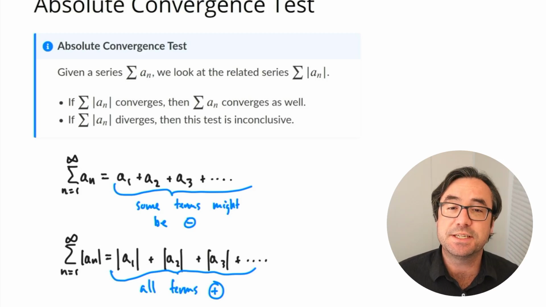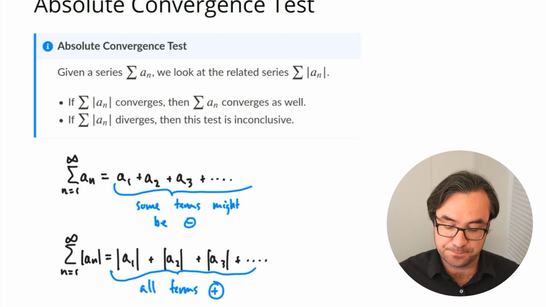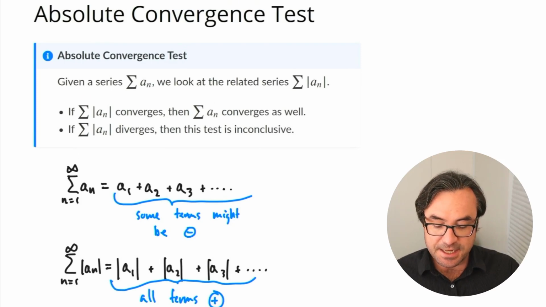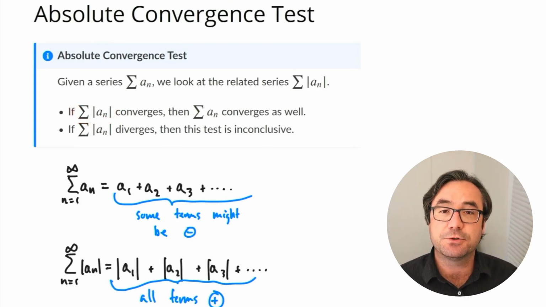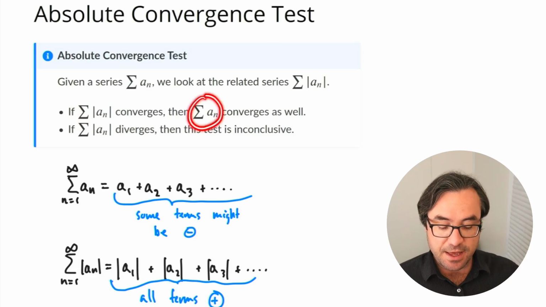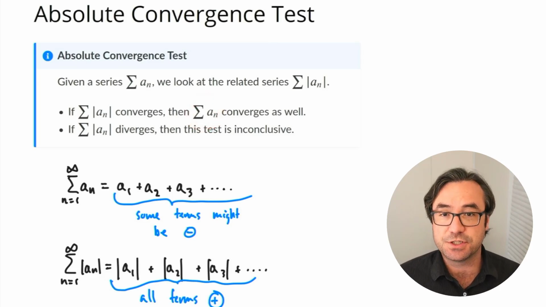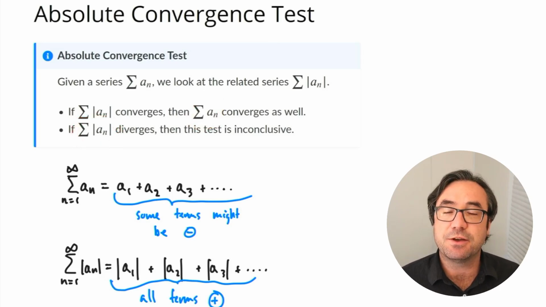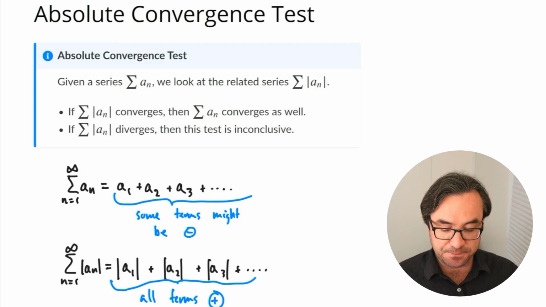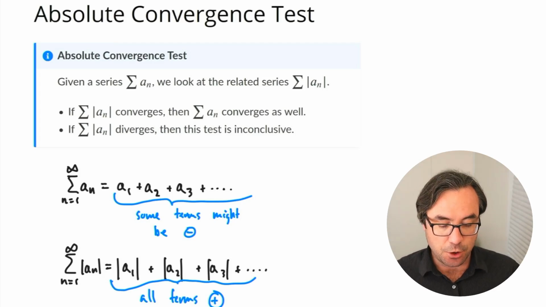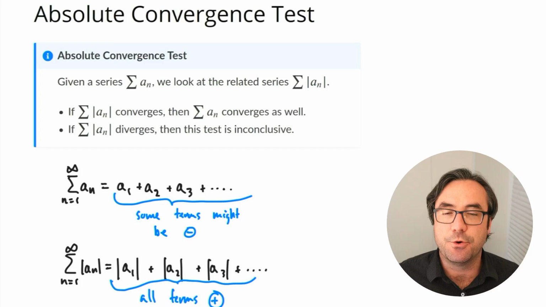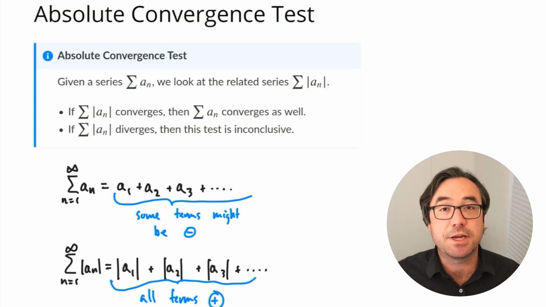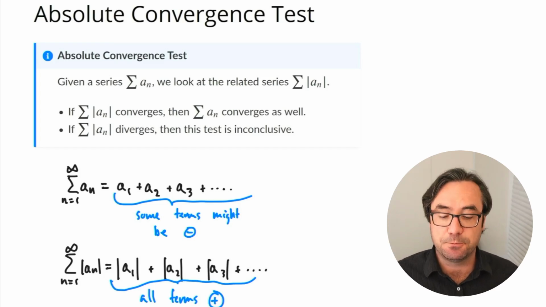All right, so what does the test actually say? It says if this series of absolute value terms converges, then our original series converges as well. Now, if this series of absolute value terms diverges, then this test is inconclusive. So we don't know. The original series might converge, might diverge, we just don't know.